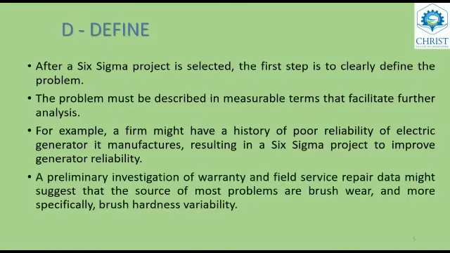And how to do it? A preliminary investigation of warranty and field service repair data might suggest that the source of most problems is brush wear, and more specifically brush hardness variability. Here we are not doing much work, simply investigating the basic warranty and field service repair data, and we find the reasons for the problems.